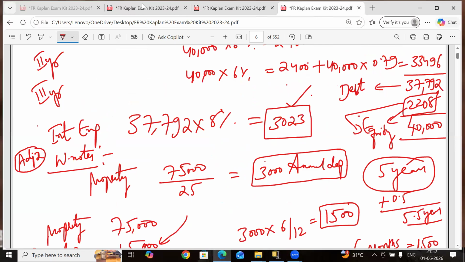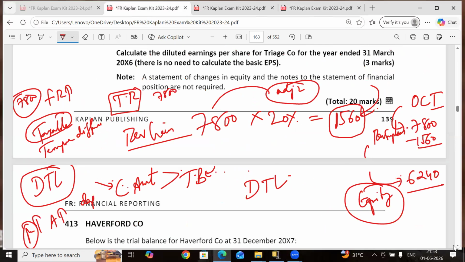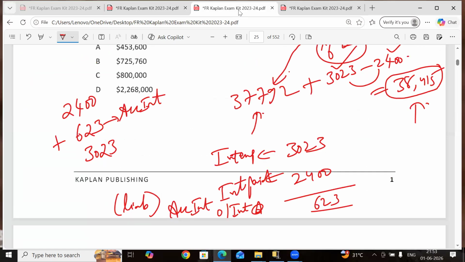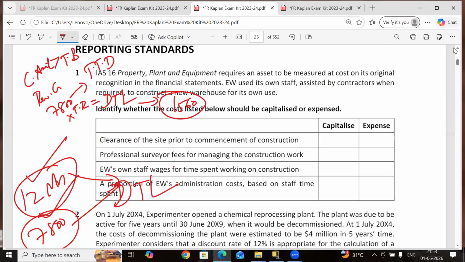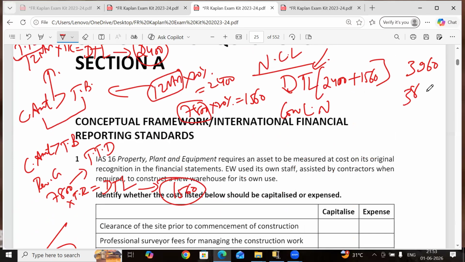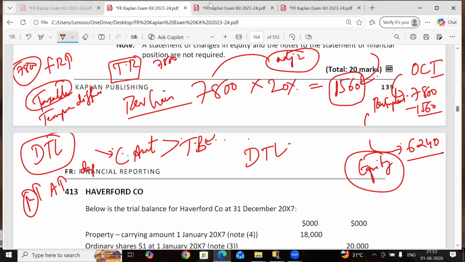So you can make a note of this. And then current liabilities. This year, you have to pay the taxes. How much was the tax expense we calculated?